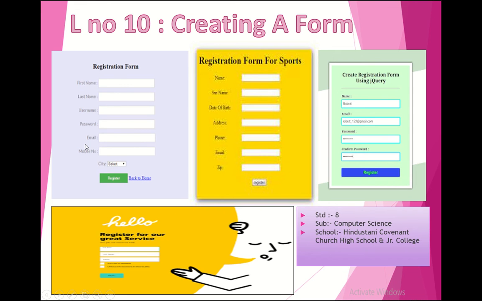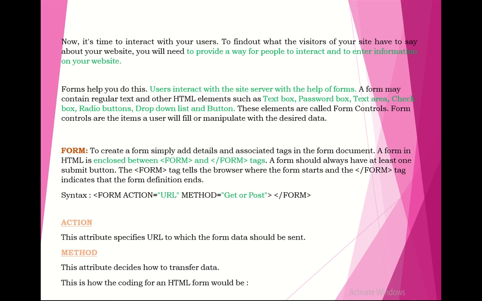Here the names are there, and here the text boxes are there. Here I have a city. If I want the user to mention the city in which he lives, here only a few contents are being given. So it depends on the designer, on the owner, what information he wants, and he can get it from the user.